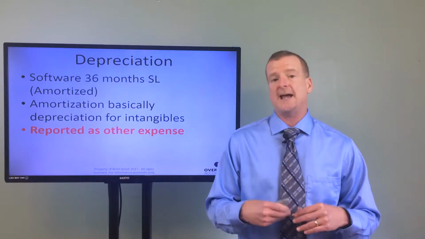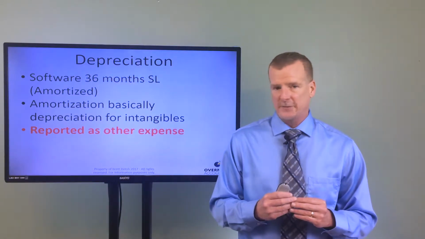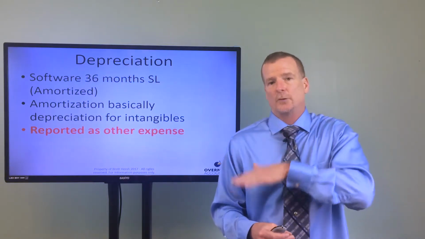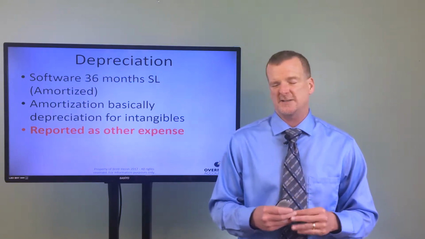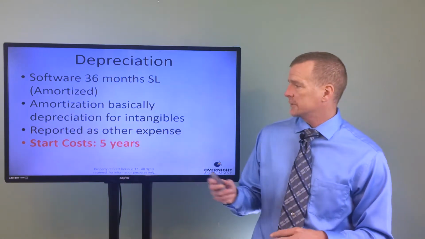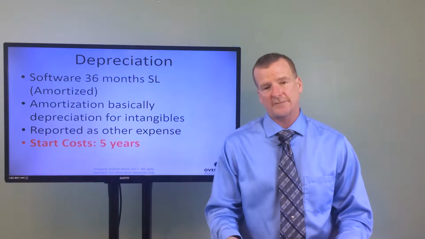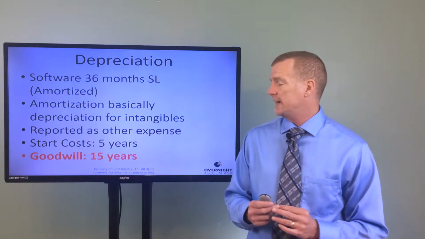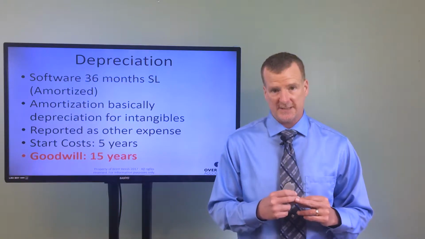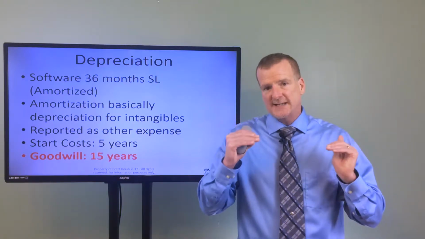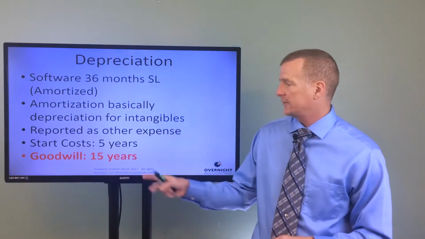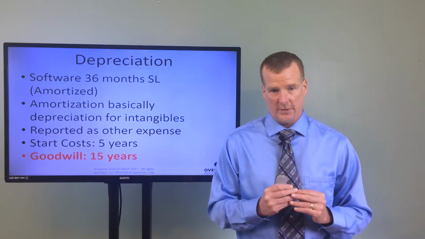So if you happen to have some, and you notice it's not included in that line for depreciation, you need to look at the other expense column, probably on a subcategory that's going to be printed out with your IRS supporting statement that'll have amortization on there. Startup costs, remember, as we discussed in the beginning, they're amortized over 5 years. They're an intangible. And there's probably a 99% chance, 99.9% chance, as a real estate agent, not a broker who bought a practice, that you are not going to have goodwill, and you're probably able to write off your startup costs.